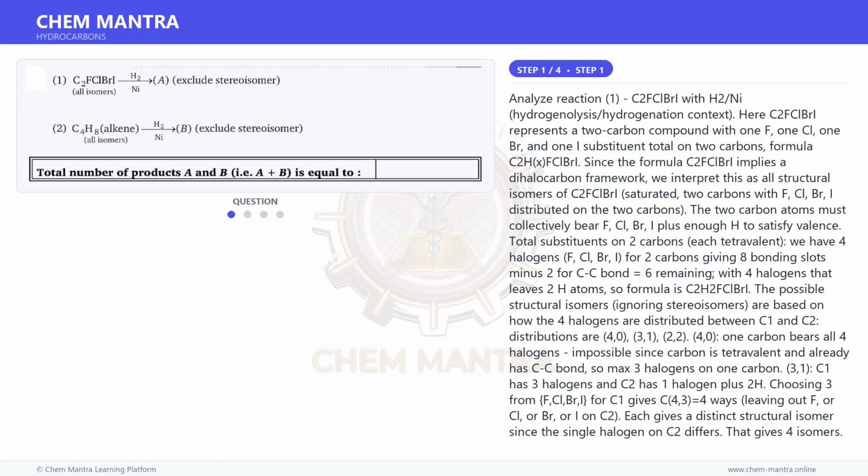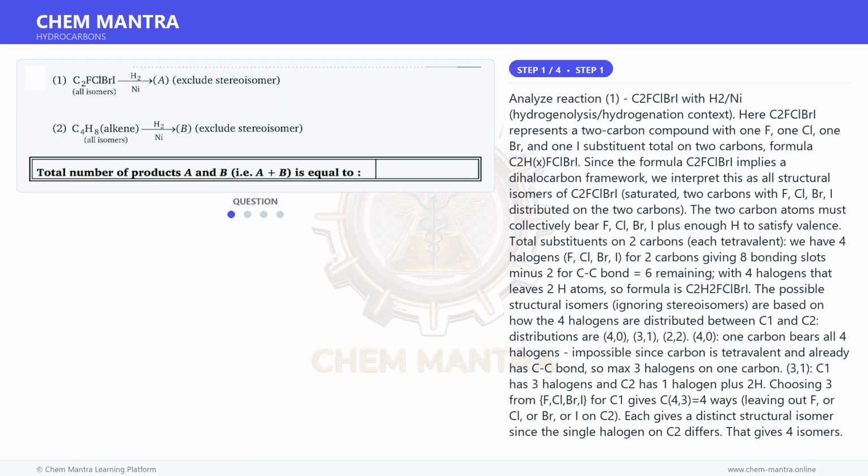Distributions are 4,0; 3,1; 2,2. 4,0: one carbon bears all 4 halogens, impossible since carbon is tetravalent and already has a C-C bond, so max 3 halogens on 1 carbon. 3,1: C1 has 3 halogens and C2 has 1 halogen plus 2 H. Choosing 3 from F, Cl, Br, I for C1 gives C(4,3) = 4 ways, leaving out F, or Cl, or Br, or I on C2.